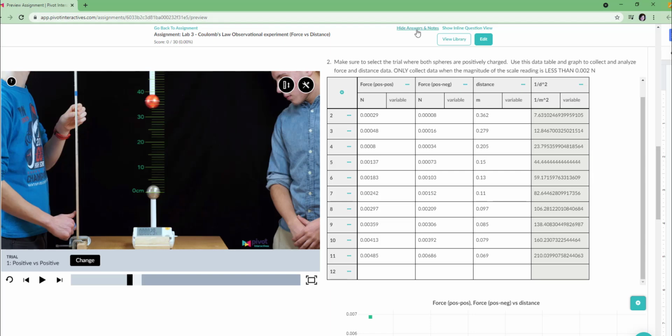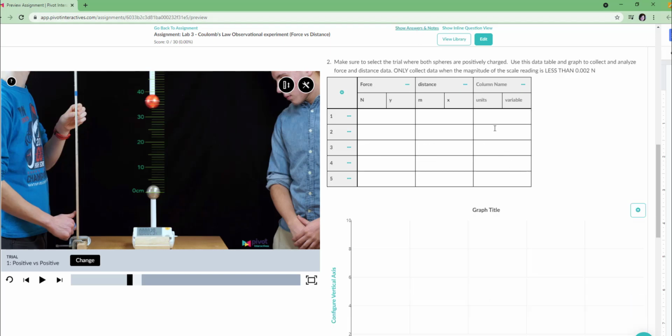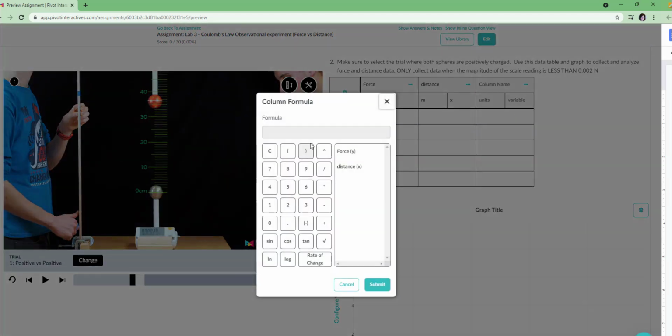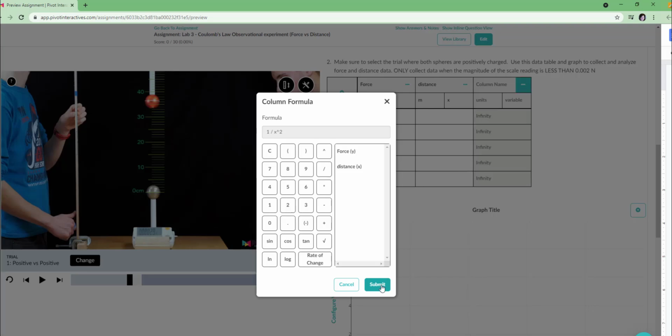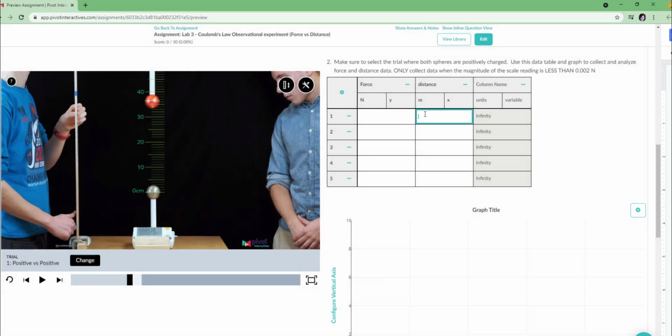To create the 1 over d squared column, all you need to do is click on the empty column on the 3 dots, choose Change Formula, and enter 1 divided by distance caret 2. And any distance value will be calculated as 1 over d squared.